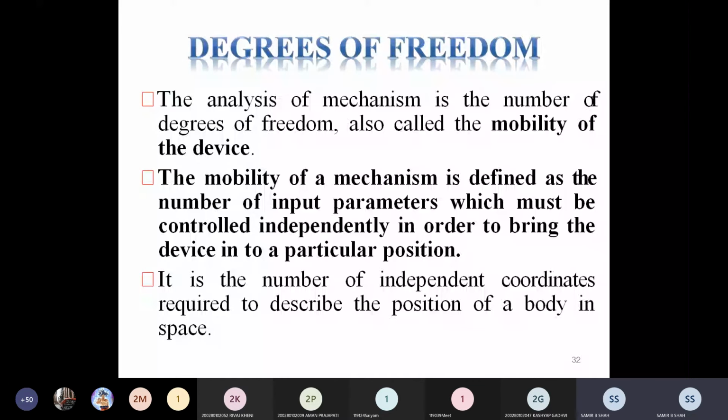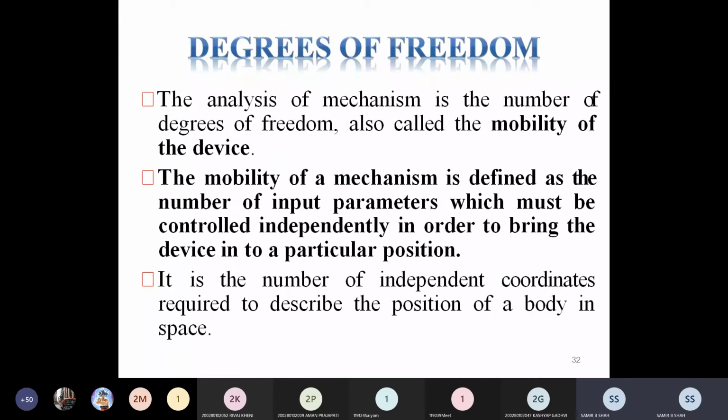Now start with degree of freedom. Very important point. In the analysis of a mechanism, the number of degrees of freedom is also known as the mobility of the device. What is mobility? Mobility of the mechanism is defined as the number of input parameters which must be controlled independently in order to bring the device into a particular position.